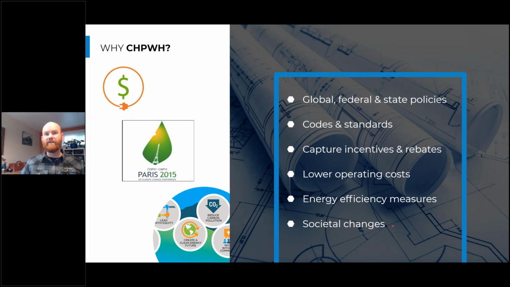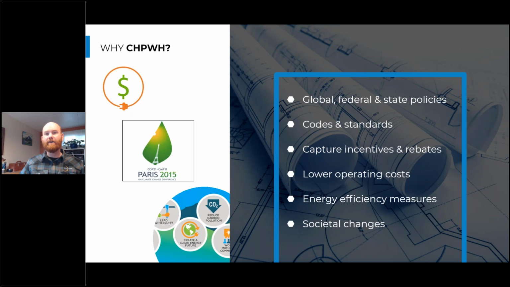And then societal changes. Many of us have read that gas water heating systems and gas appliances are creating issues, both in our environments and our homes and personal lives. There have been numerous articles recently about gas cooking appliances and how they're leading to higher rates of asthma in children.